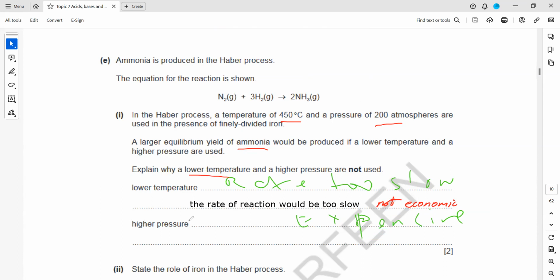And why not high pressure? For high pressure, you can mention it will not be economical or it will be expensive. About the temperature, a low temperature is economical, so you cannot mention economics for the temperature. You should refer that high pressure will increase the cost, and low temperature will reduce the rate at which the reaction occurs.